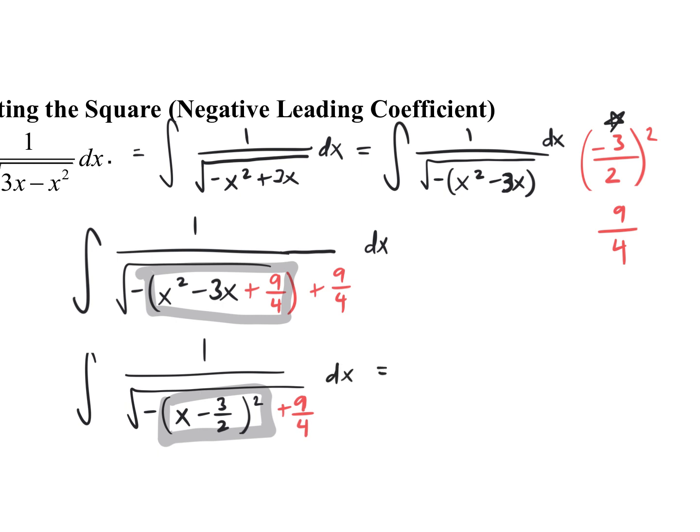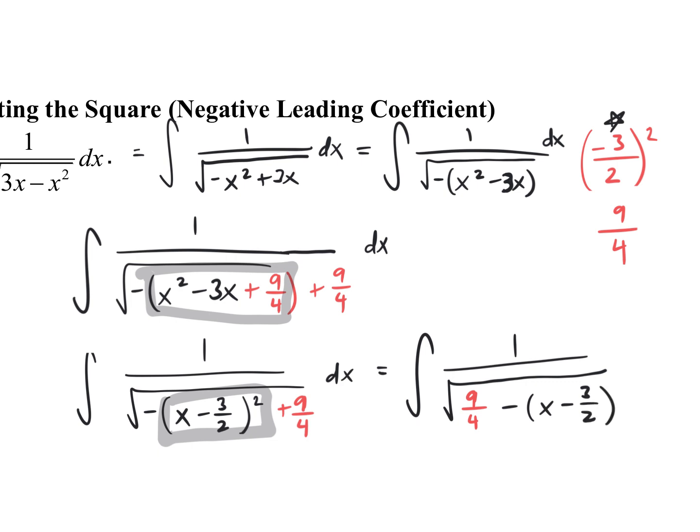So I'm going to rewrite this with 1 over the square root. I'm going to write my 9/4 first. And then I've got minus my x minus 3/2 squared. Okay, so this is my a squared piece. This is my u squared piece. Do we see that?